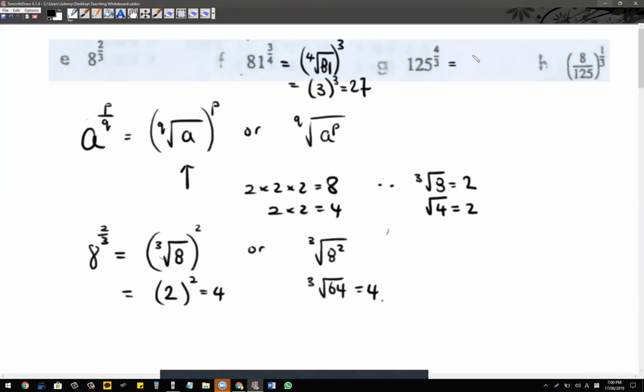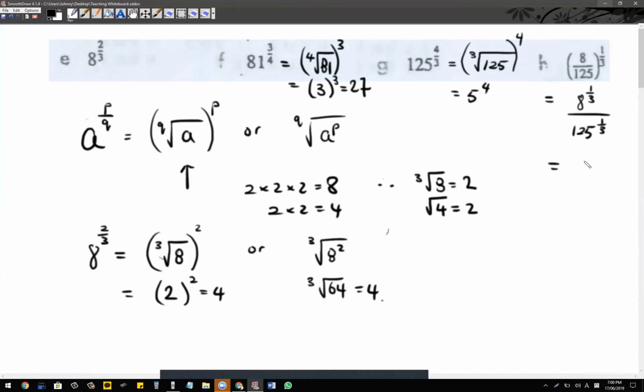This one is the cubic root of 125 to the power of 4. 5 by 5 by 5 is 125, so this is 5 to the power of 4. And this one here, you can apply 8 to the power of 1 on 3 over 125 to the power of 1 on 3.